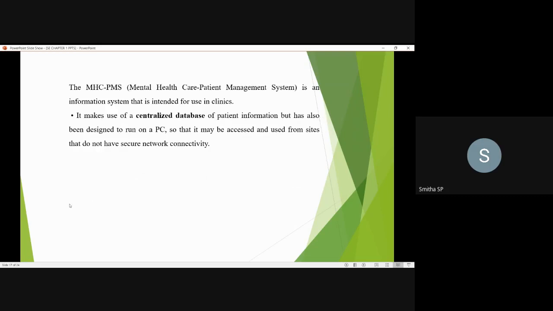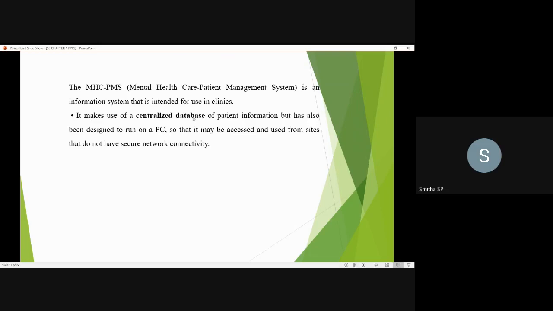This MHC-PMS is an information system intended for use in clinics. It makes use of a centralized database which consists of patient information.